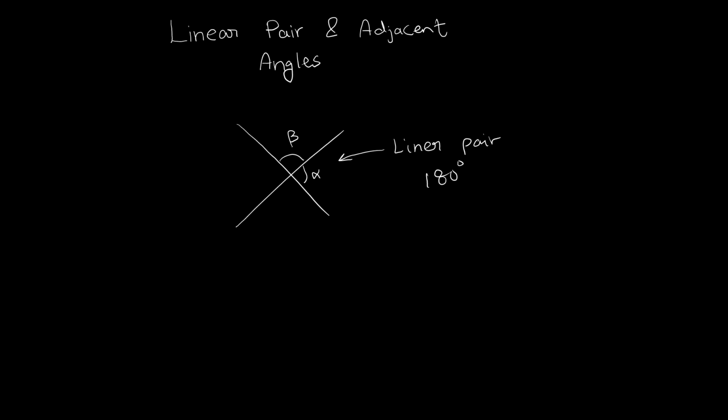This comes up everywhere. So I'll show you an example. One angle is 50 degrees. Another must be 180 minus 50. That's it. One line, two angles, total 180.